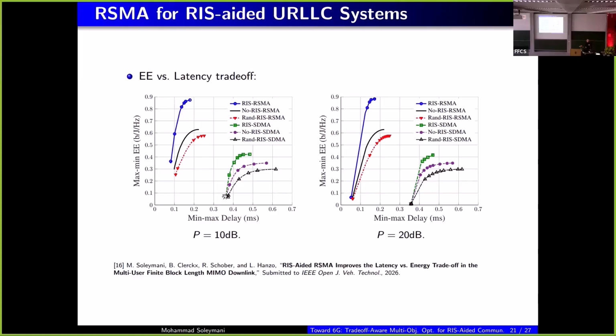The main reason is that to improve latency, you may have to transmit at a higher power. Then once the transmission power increases, the energy efficiency would drop. You can also see another difference in these two figures, which is the power budget.